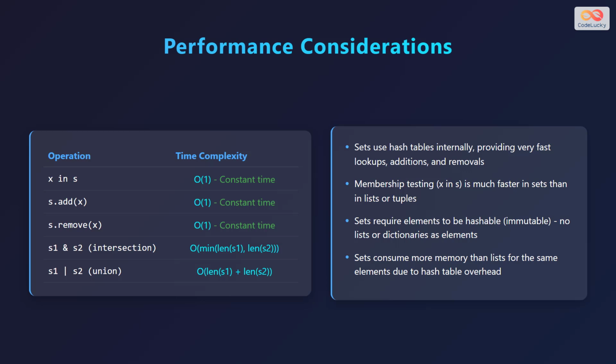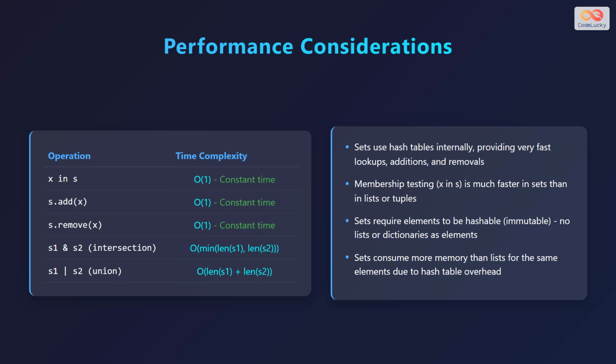Similarly, removing an element using s.remove(x) has a time complexity of O(1). However, set operations like intersection, s1 & s2, have a time complexity of O(min(len(s1), len(s2))), while union, s1 | s2, has a time complexity of O(len(s1) + len(s2)).